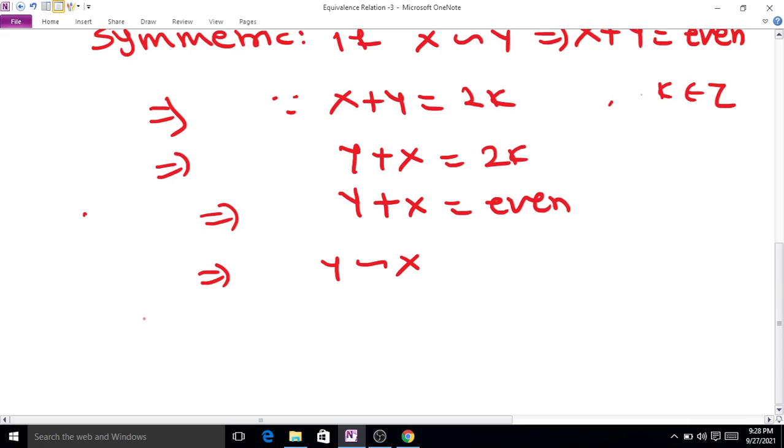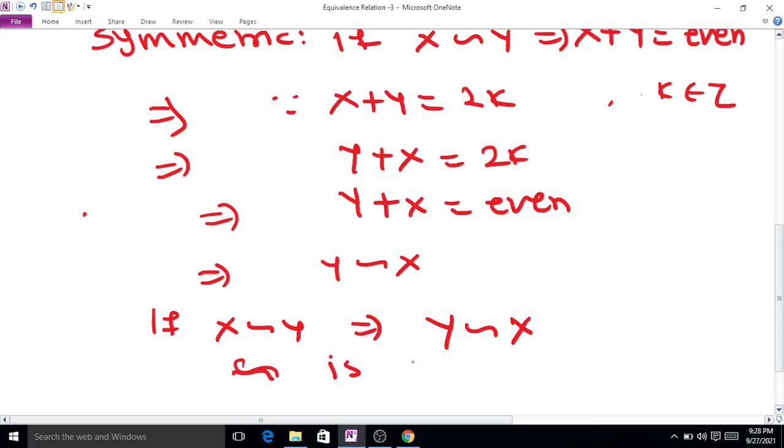So if x related to y implies y also related to x, and therefore the given relation is a symmetric relation.